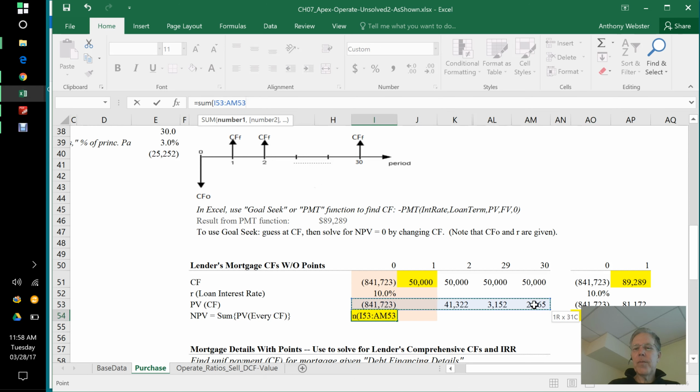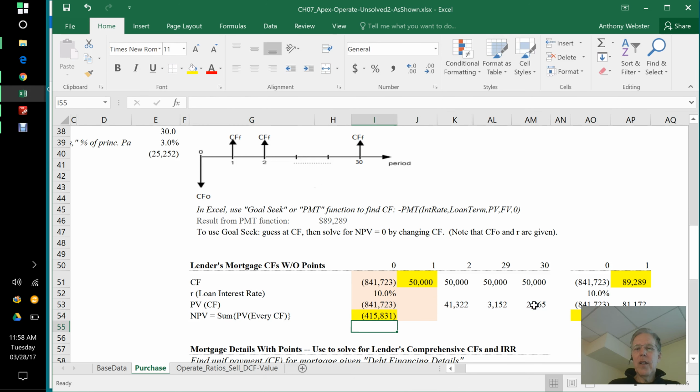Okay, and am I done here? No, somehow this one got clobbered. I want to make sure I have a present value every time. And is there anything I'm missing from this table now? I don't think so. I think I'm pretty good.